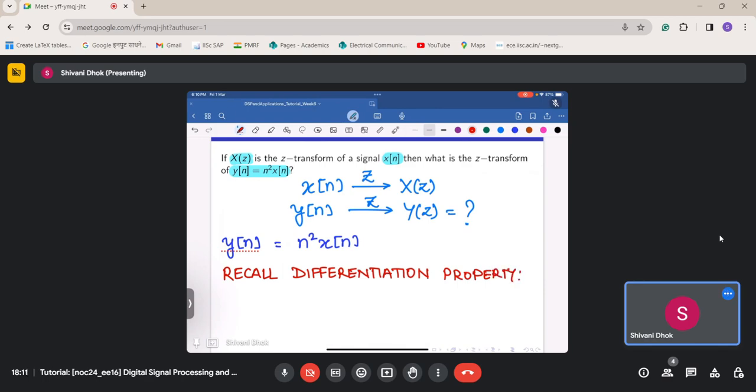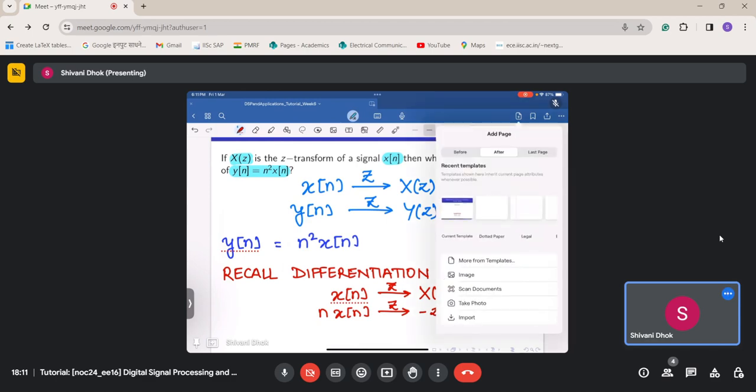What it says is, if x(n) has Z transform X(z), then n times x(n) will have Z transform minus z d/dz X(z).